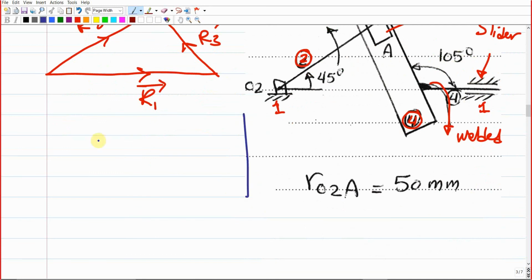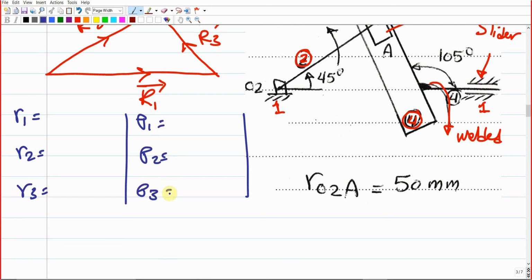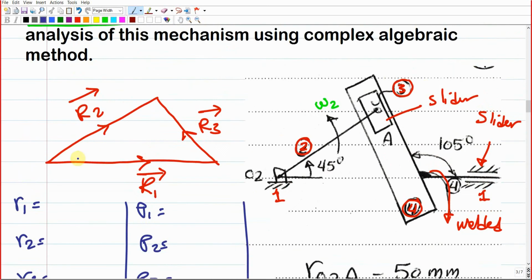Then your objective is just to work as usual. What was the first step? Is just to set up, find R1, find R2, find R3, which one of them is constant, which is variable. As for R1, it should be the distance between O2 to any point. Let me represent the loop here again.